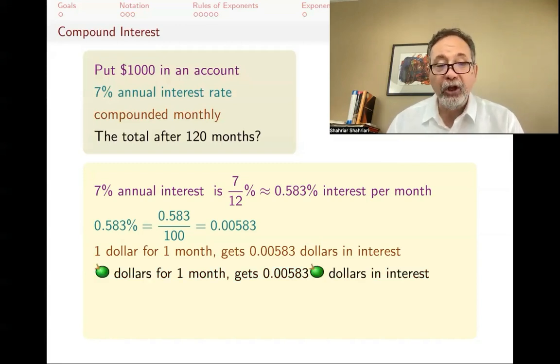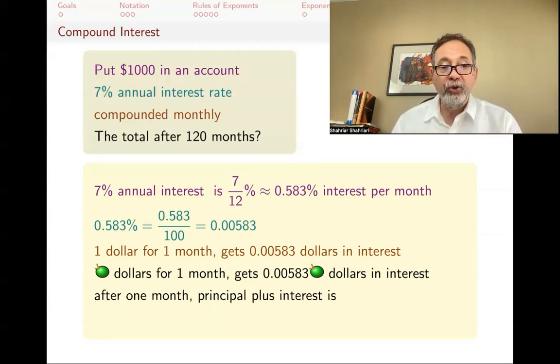If you have A dollars for 1 month, you get 0.00583 times A dollars in interest. So if you have $1, you get 0.00583. If you have $2, you get twice that much. If you have $3, you get 3 times that much. If you have A dollars, you get A times that number, 0.00583 dollars in interest. But you have also your principal.